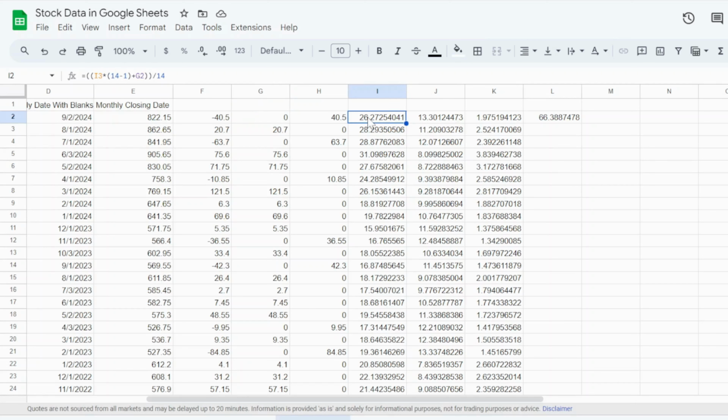And then calculate the 14-day RSI of the positive values, calculate the 14-day RSI of the negative values, get the RS, that is relative strength per day, and then find the relative strength index of the whole monthly. So this is what today's video is all about.